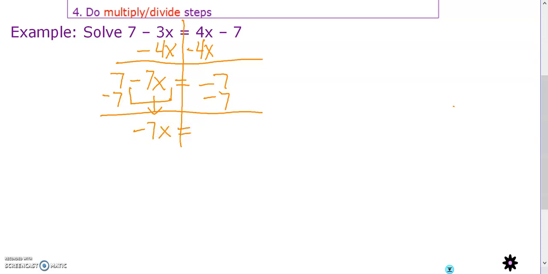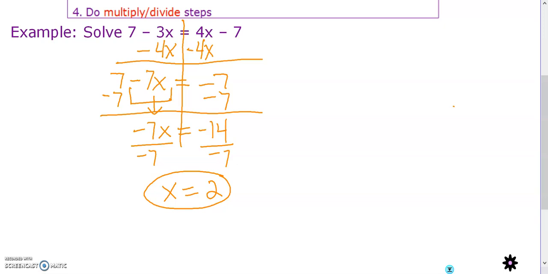And what do I have on the other side? Negative 7 minus 7 is negative 14. Go ahead and divide by negative 7 on both sides, and we'll get x equals a positive 2. And again, I would really encourage you to use your calculator when you're working with these integers and combining your like terms. It's easy to mistake a minus sign or leave one out, so double check with your calculator.